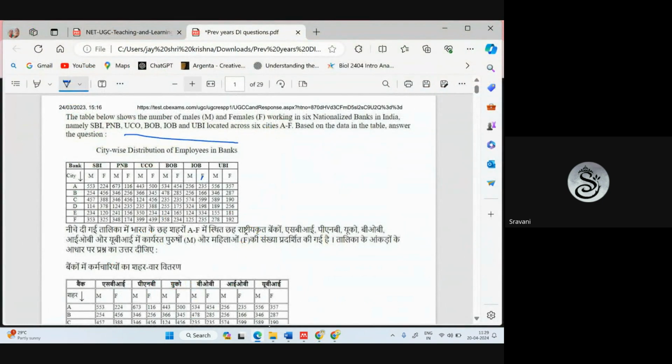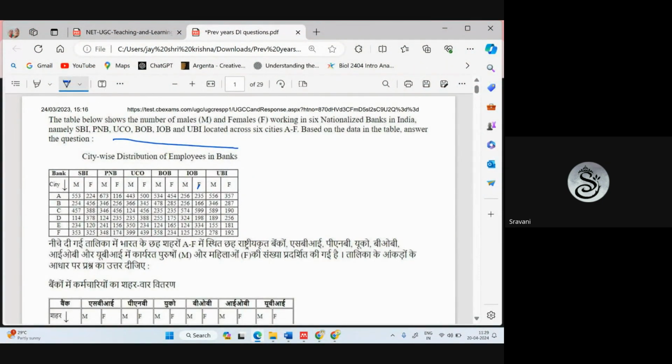Yes, here they are explaining the number of males and females working in 6 national banks. These are the 6 national banks: SBI, PNB, UCO, BOB, IOB, UBI. They also show males and females working in the cities. Like suppose if we take A city, and if we take SBI, 553 males and 224 females. Like this, in every city, they are divided into male and female and 6 banks.